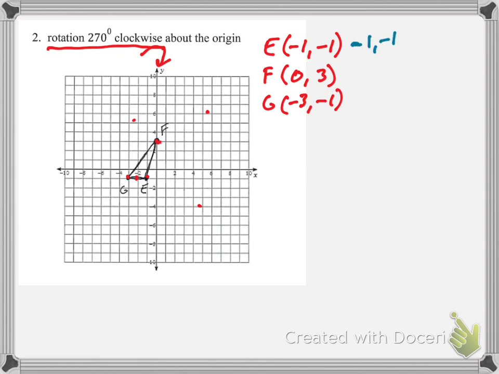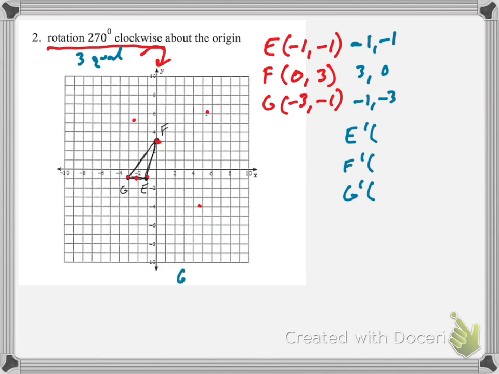Well, negative 1 and negative 1 are just that. 3, 0, negative 1, negative 3. So E prime, F prime, G prime. E is in quadrant 3. So I'm going to move 3 quadrants. 270 is 3 quadrants. So 1, 2, 3 quadrants.